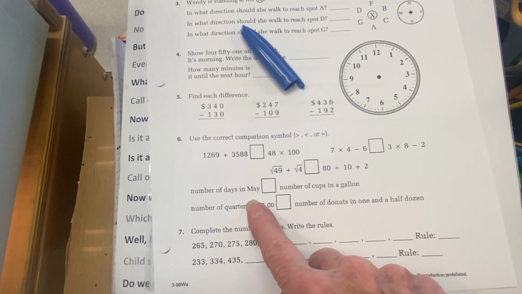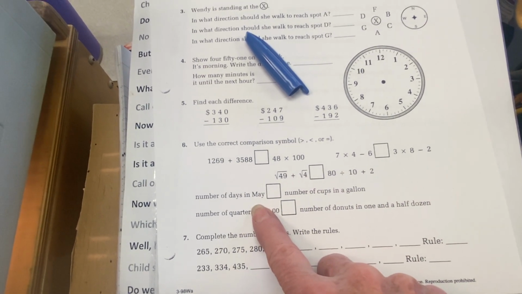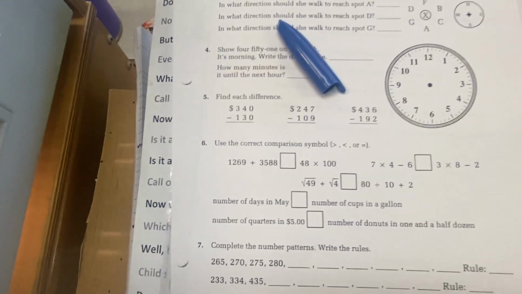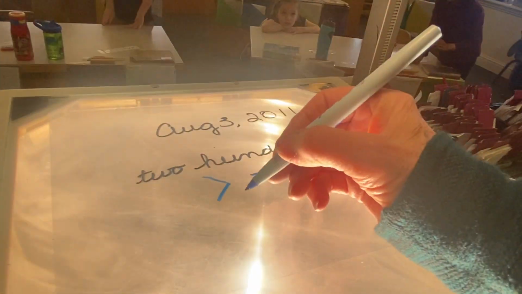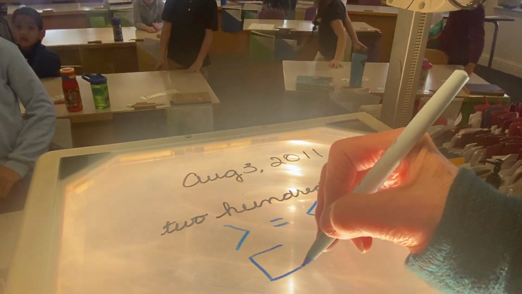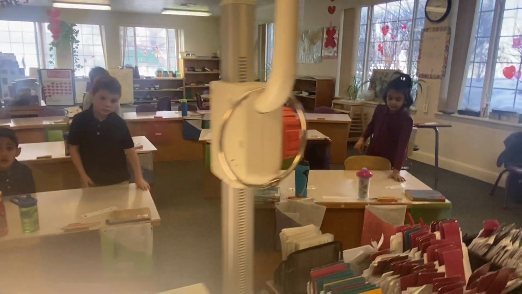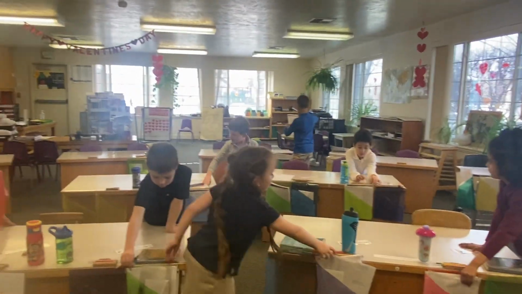Now, there's another one that's kind of tricky. It says number of days in May, and it's got the little sign, which is bigger, and number of cups in a gallon. How many days in May? You could get your calendars and look.